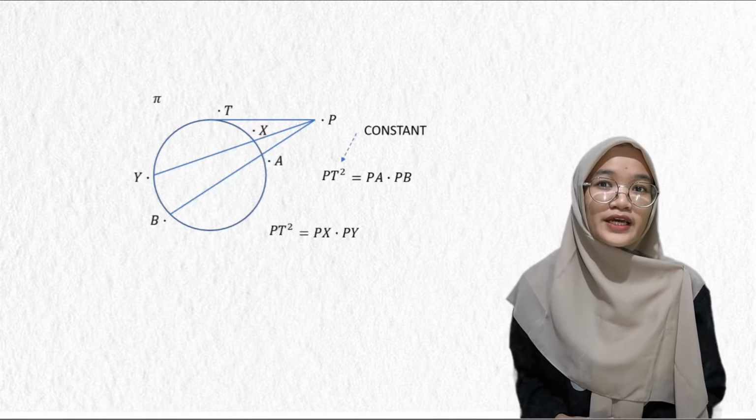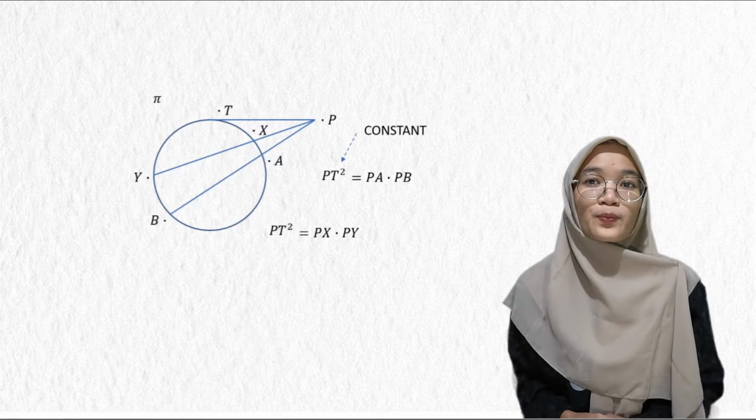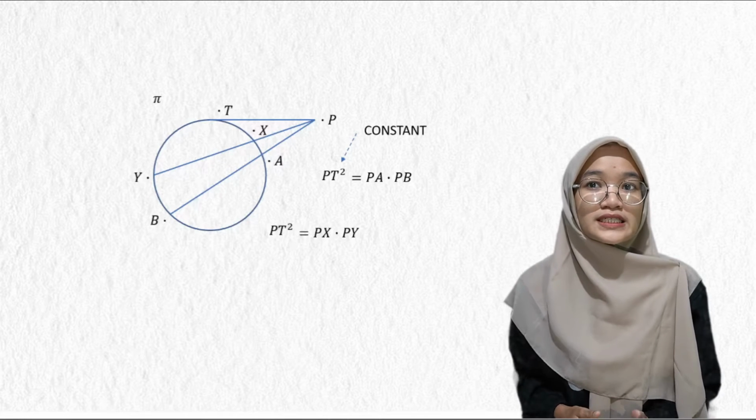Why is this quantity so nice? Because we can define it for points which are even inside the circle.